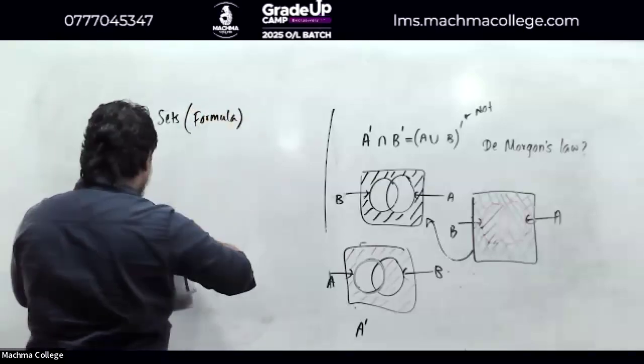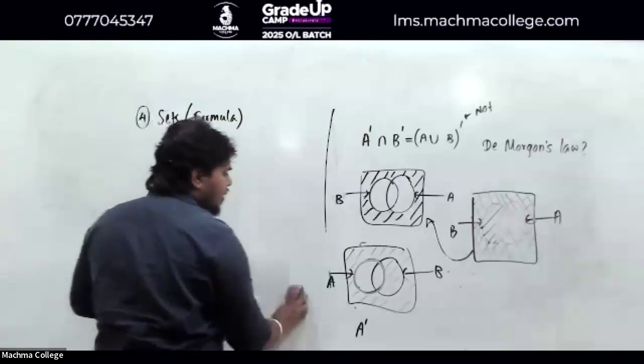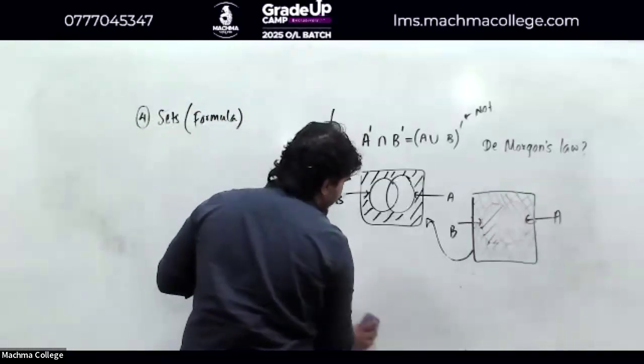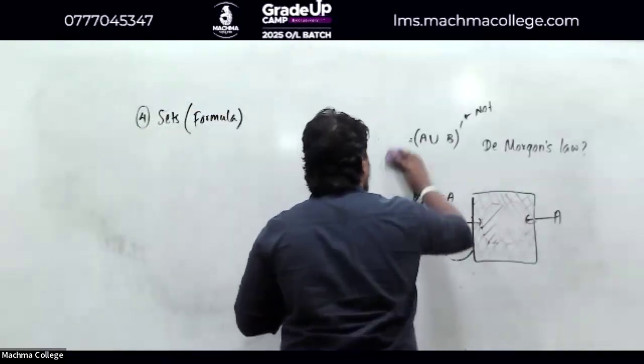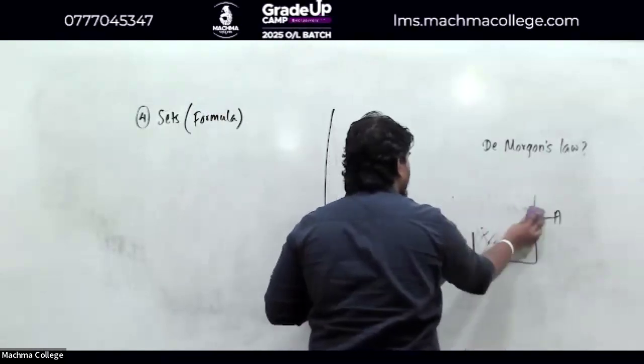This is again from sets, but from the formula part. What's the formula? I'm not going to derive the formula, I'll just give you the two formulas. Remember that, the formulas are more than enough.